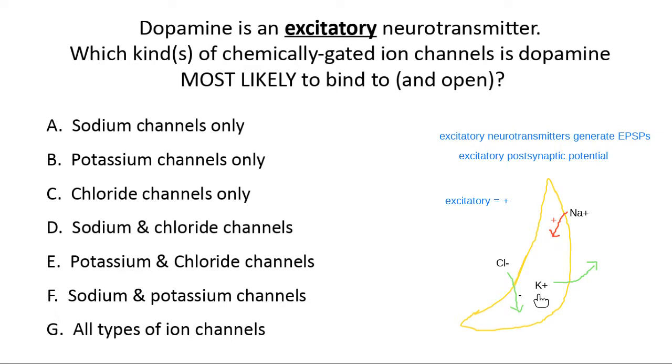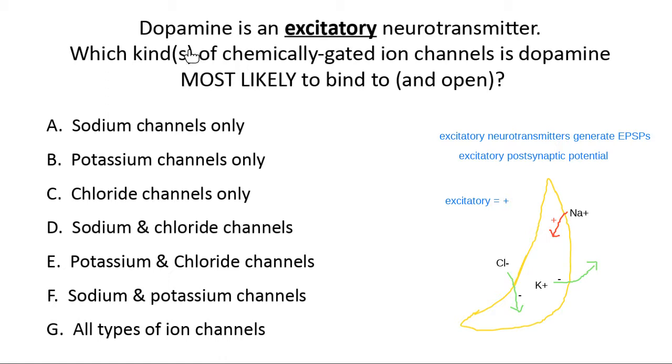That leaves us with potassium. Potassium has a positive charge. Potassium leaves the cell though. When potassium with its positive charge leaves the cell, it's kind of like we're doing subtraction. So when potassium leaves, it's another way for the inside to become more negative.